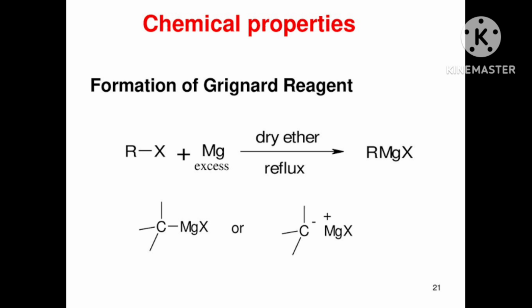Negative charge means carbanion. If the charge is negative on carbon, it is called carbanion, and if the charge is positive on carbon, then it is called carbocation. Correct?